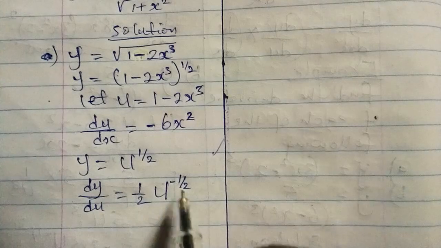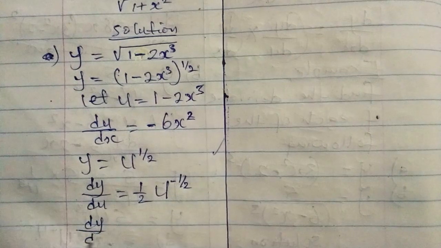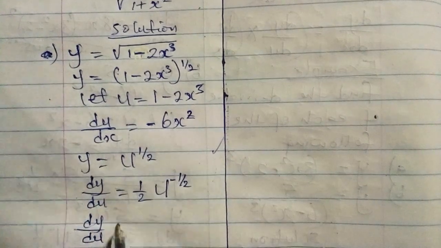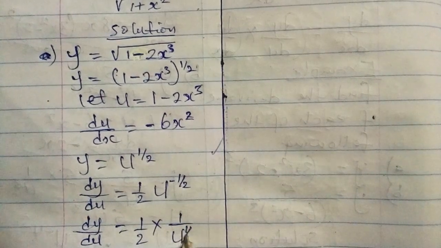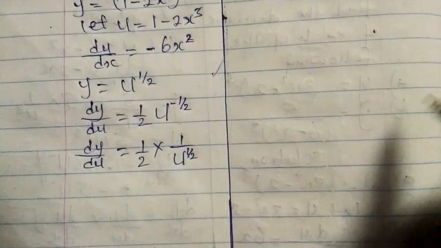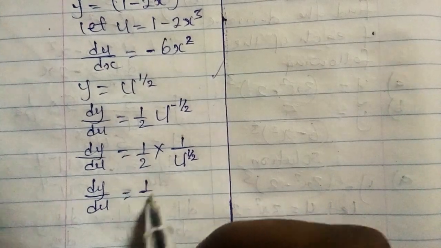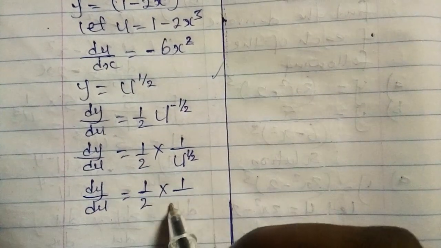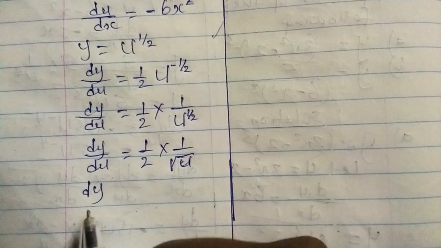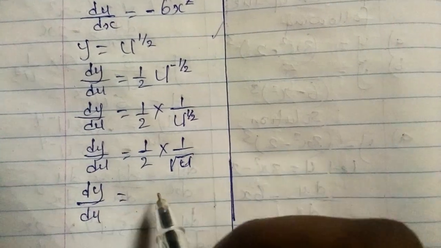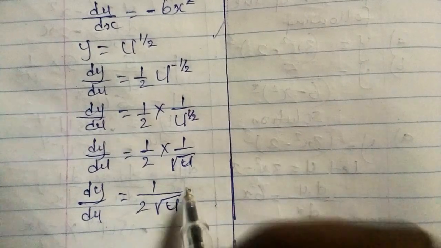So dy over du equals 1 over 2 times 1 over u raised to power half, which is 1 over 2 times 1 over square root of u. Finally, dy over du will be equal to 1 over 2 root u.